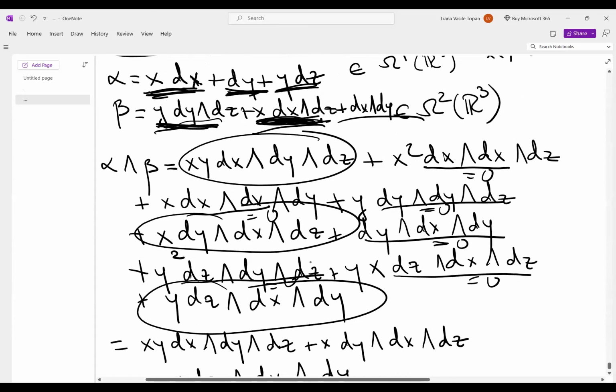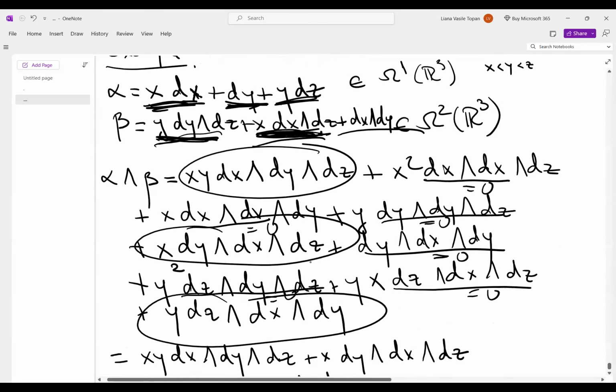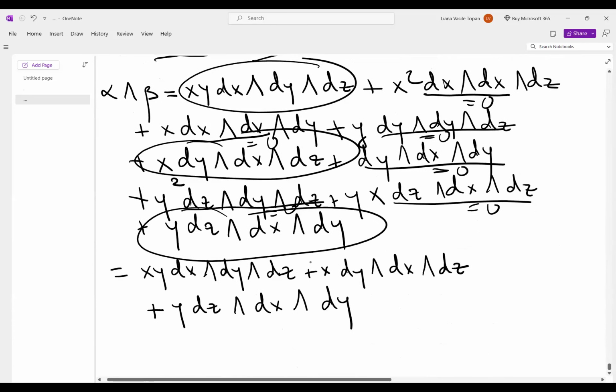Now, we haven't finished. You see, this one is a 3 form, right? A 1 form wedge 2 form will be a 3 form. Now, what's the basis for omega 3? You have one single element there, dimension 1: dx wedge dy wedge dz, you arrange them increasing.